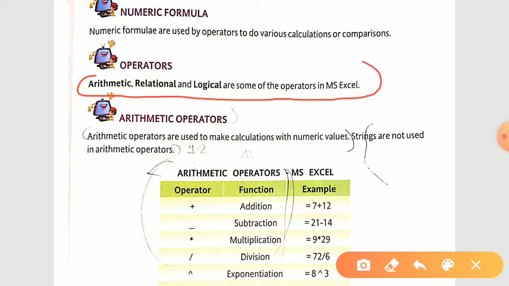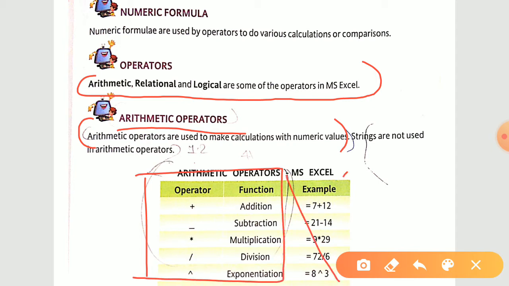Then afterwards you put a heading arithmetic operator and then start writing from this one. Arithmetic operators are used to make calculations with numeric values, till numeric values only, and then afterwards you please merge this table. Now in this table, this example is not important, only these two columns are important, right? So in arithmetic operators, only this much you have to write down.